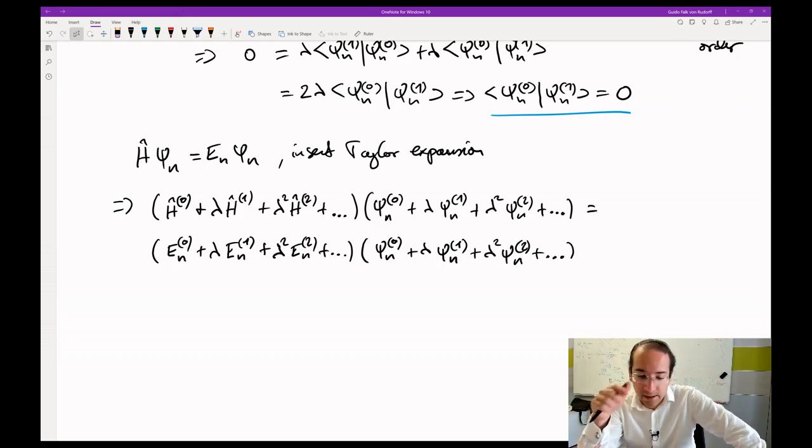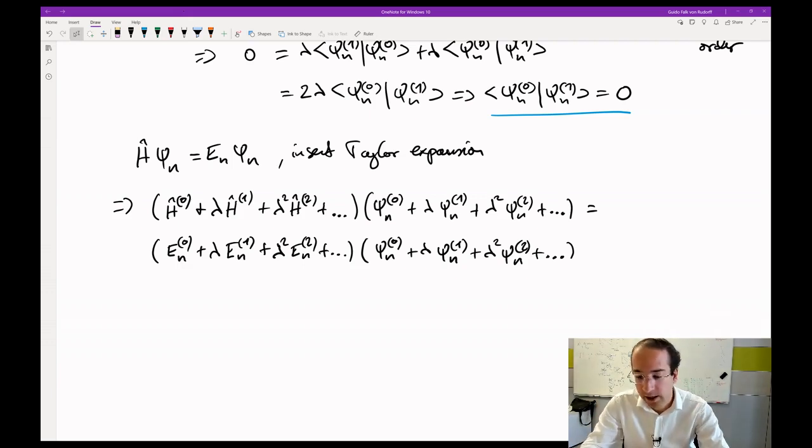Now let's collect these terms, because I would like to collect them in the individual orders, meaning basically in the power of lambda. We would like to do that because the individual equations need to be satisfied for each such order. And that means that we get individual equations which are then easier to solve.